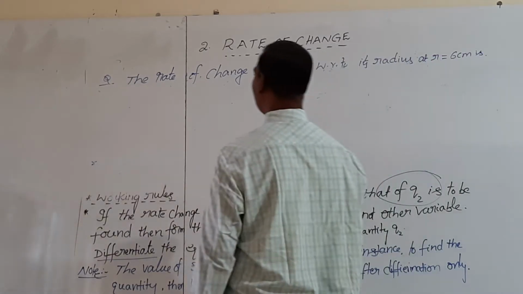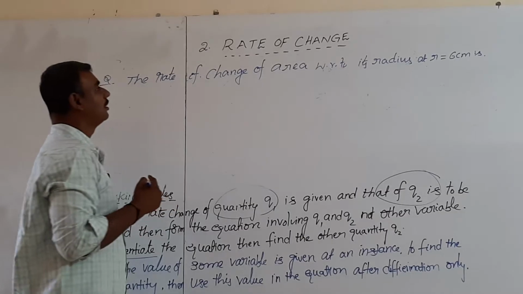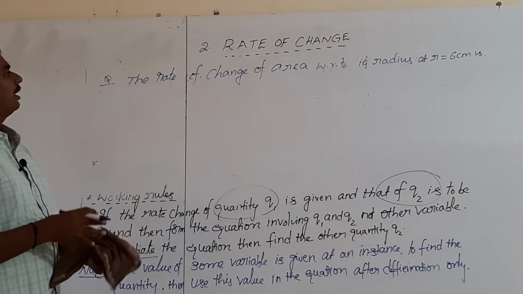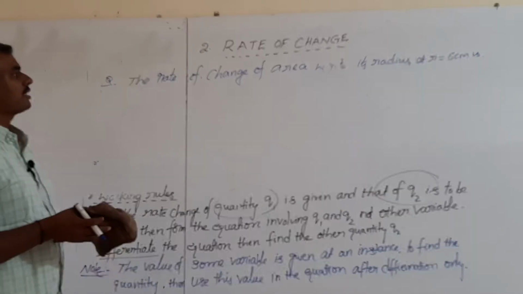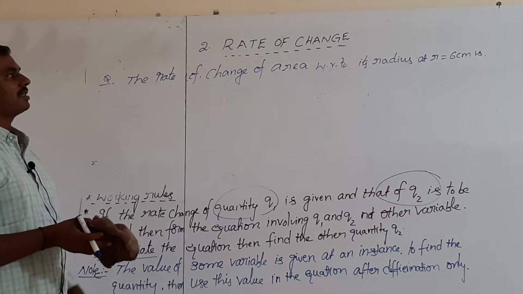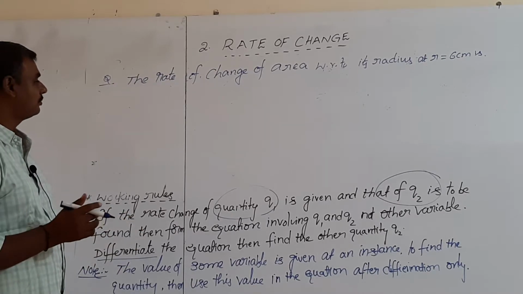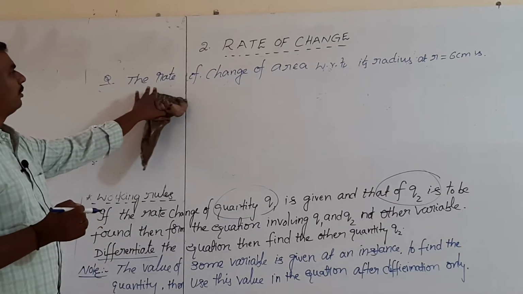So the question is asking to find the rate of change of area with respect to its radius at r equal to 6 centimeters. So let us see the problem.